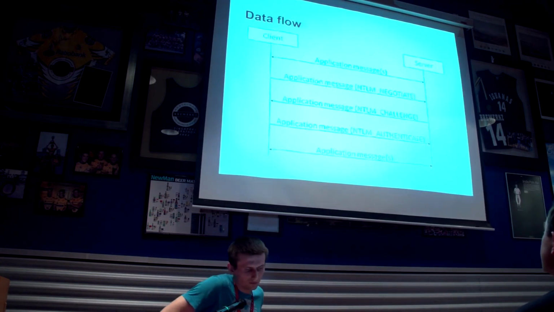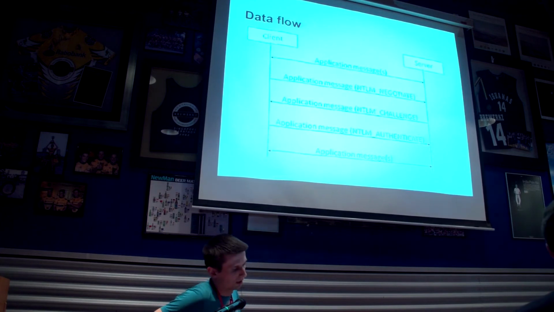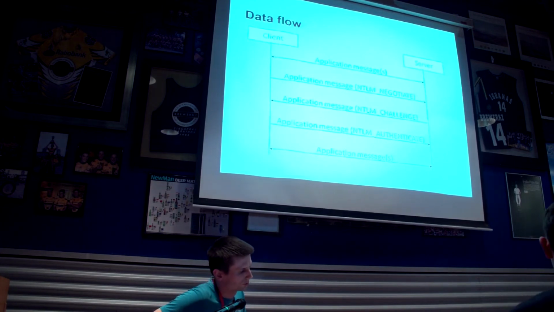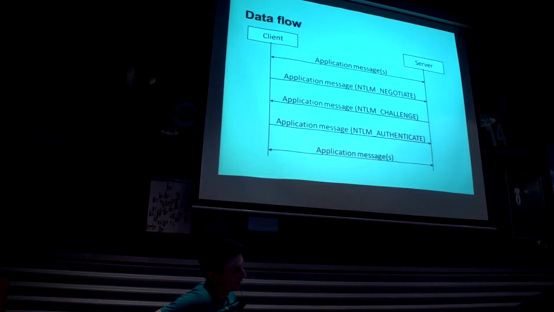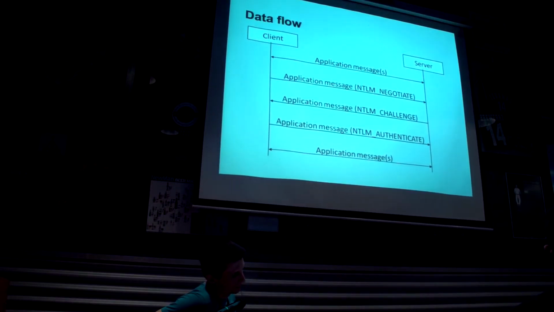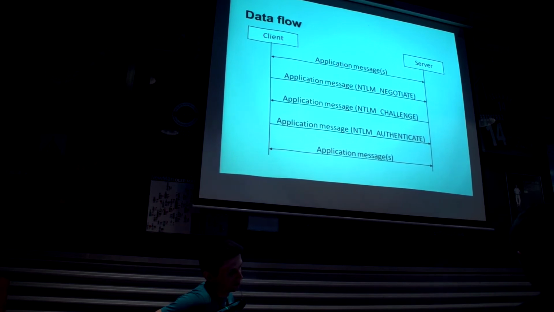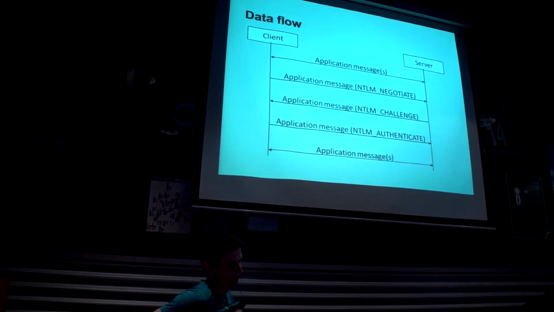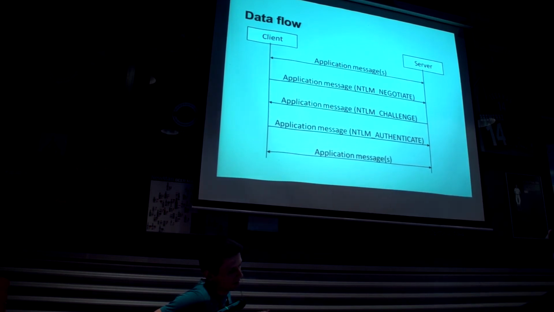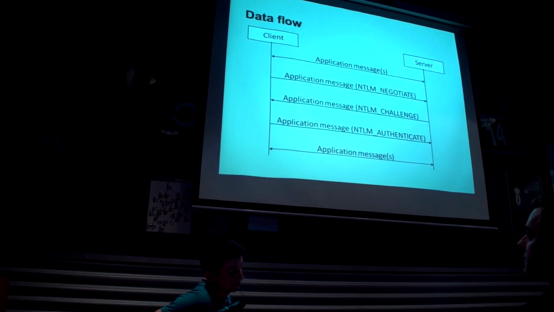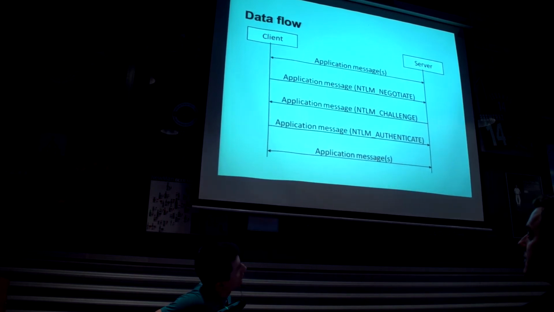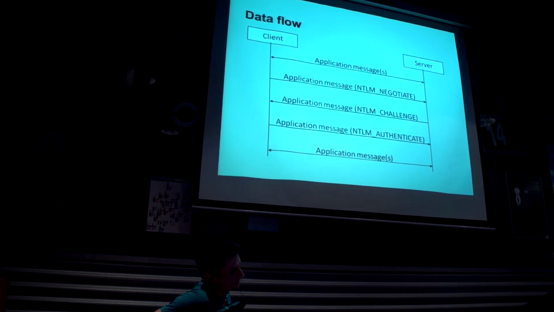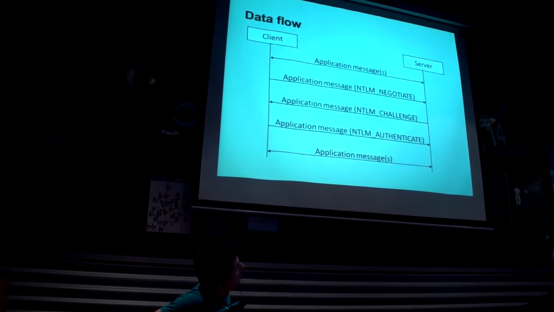This is how a typical authentication looks for an application that uses the SSPI interface. I'll describe an application that currently uses, for example, simple sockets. On the first stage, the application will send some of its own messages, and on the stage where it knows that it should authorize on the server, it will send a message called NTLM Negotiate.